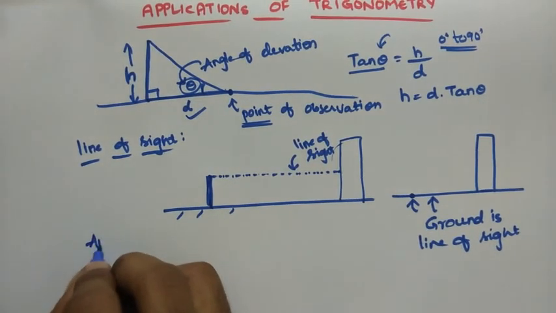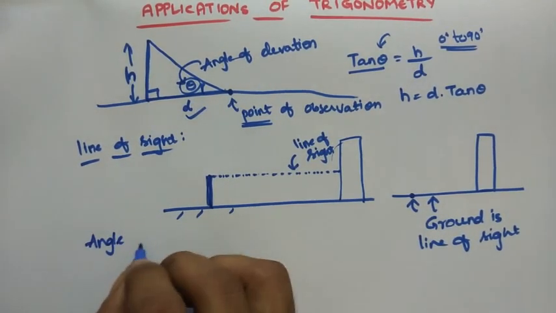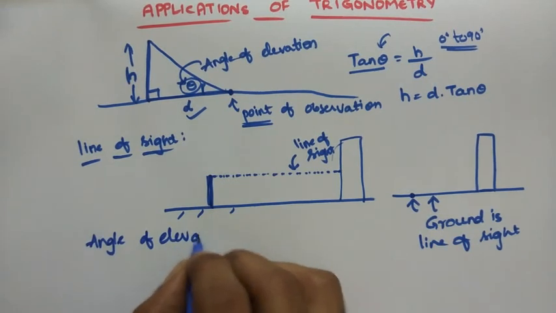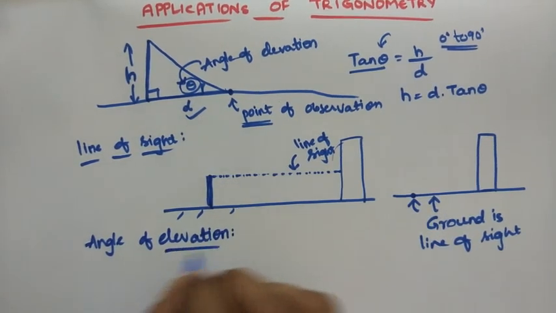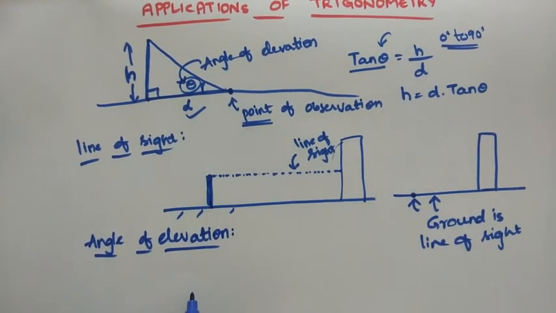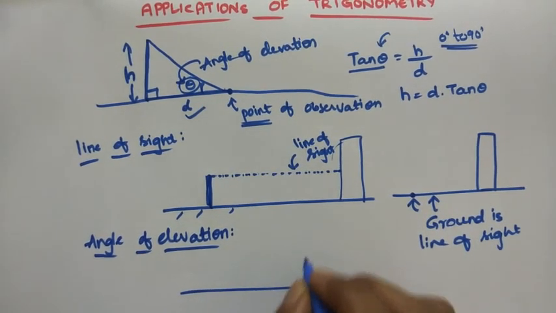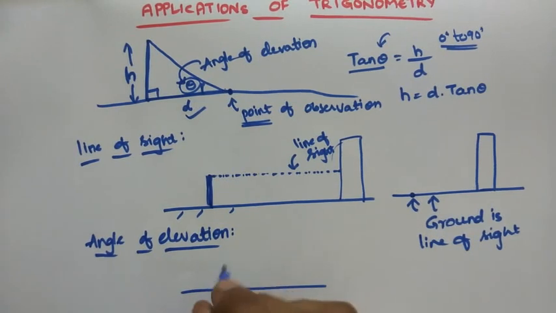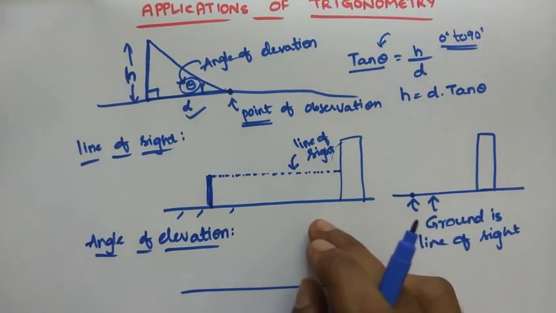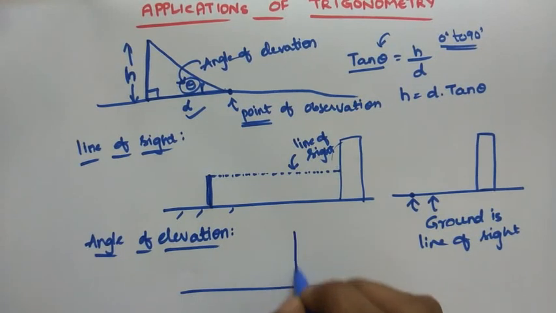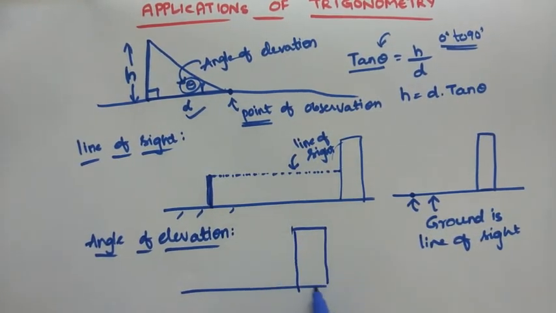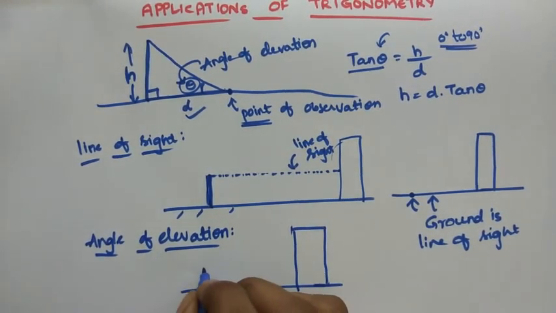Angle of elevation. This comes when the observer is watching the tip of some building. Suppose there is a building here, and the person is watching here.